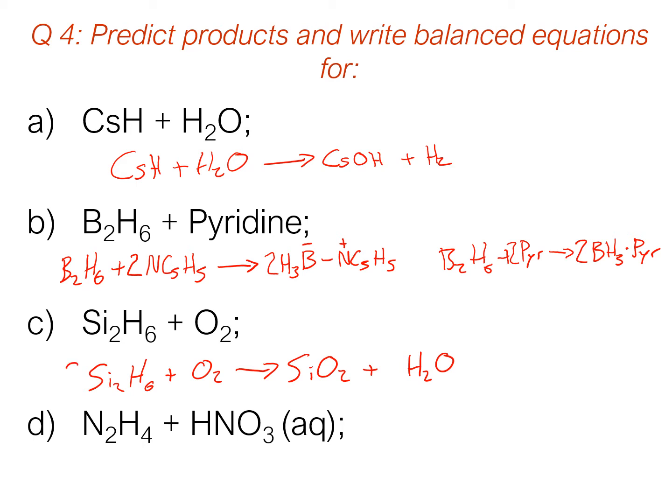So it turns out that 2 equivalents react with 7 of oxygen in the air to create 4 equivalents of silica and 6 waters. And you can check this. We've got 4 silicon atoms here, 4 there, 12 hydrogens. We've got 12 hydrogens here, and then 14 oxygens, and they're made of these 6 oxygens here, plus the 8 oxygens in the silica.